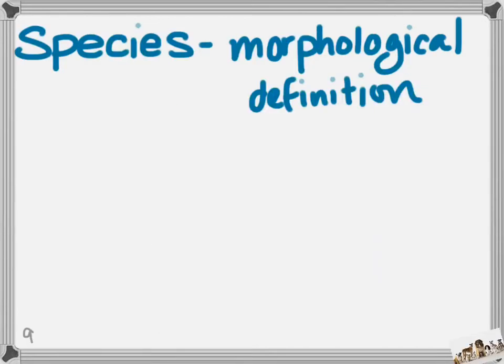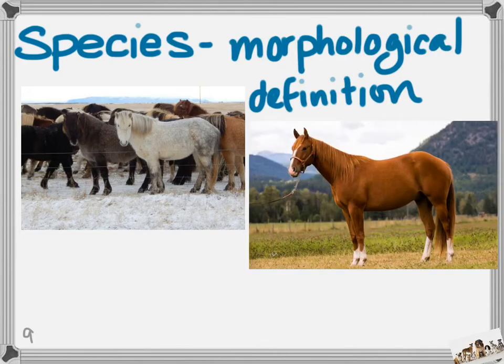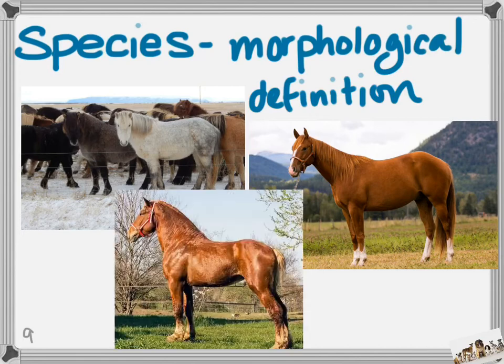The oldest definition of species was all based on morphology, or physical characteristics. Sound like a pattern we've seen elsewhere? All living things that shared some number of observable physical characteristics were considered to be one species.